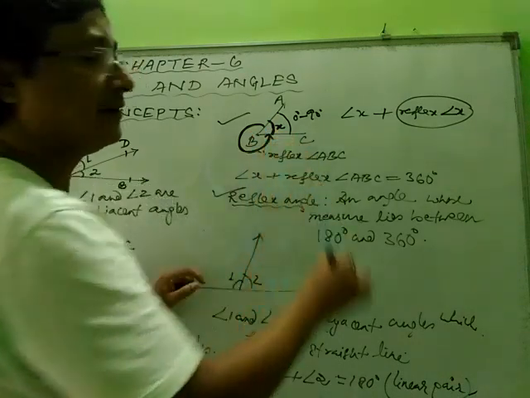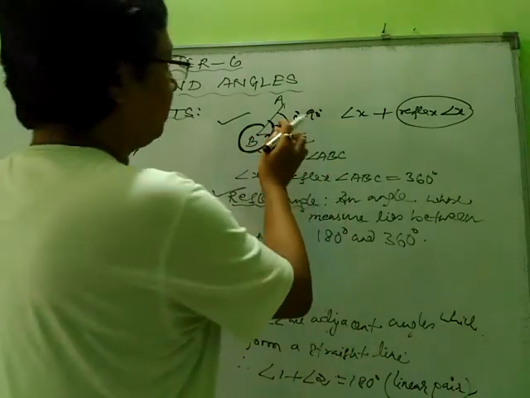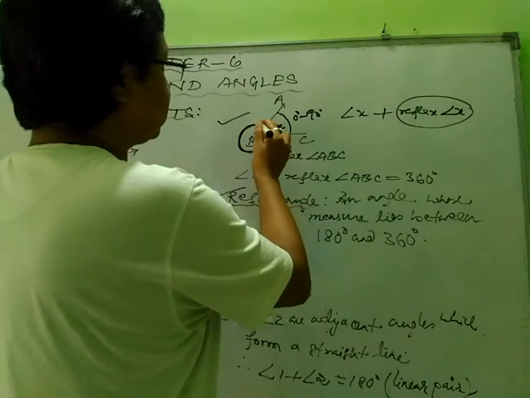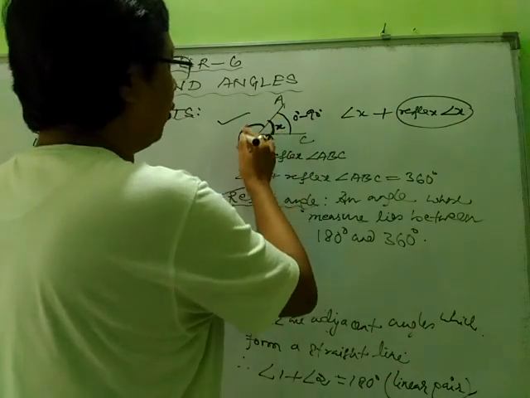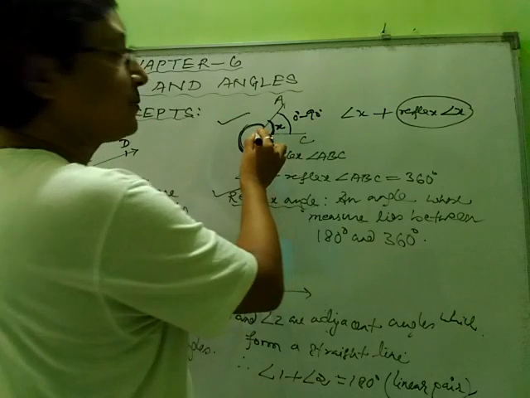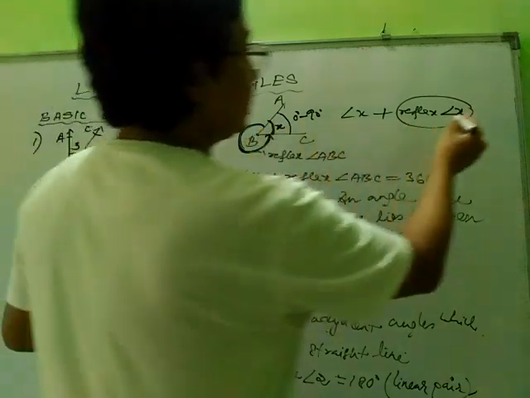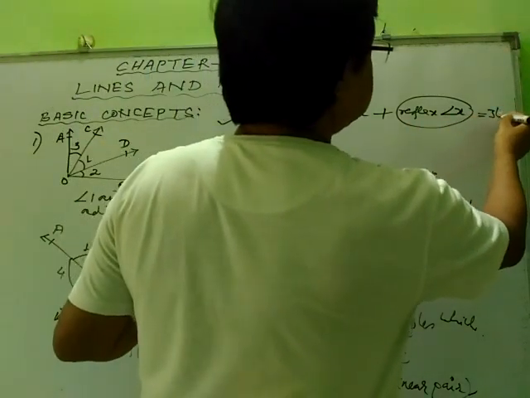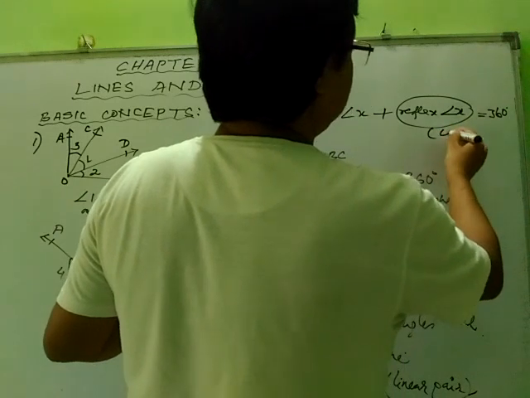So you add these two, this plus this angle. You have taken the whole angle around this point. So this measure equals 360 degrees. This is called a complete angle.